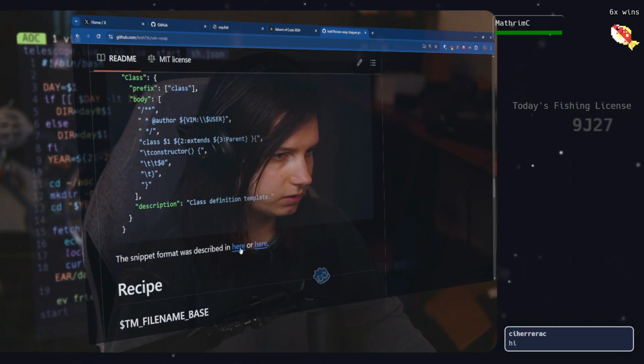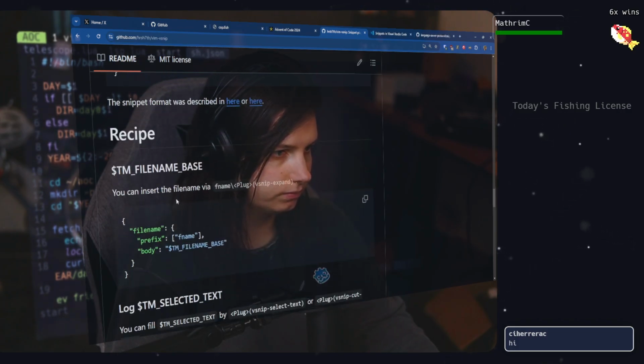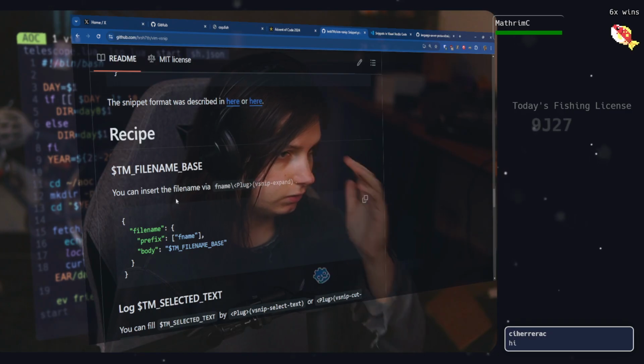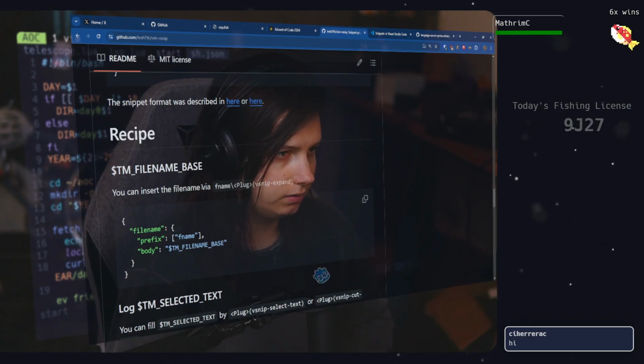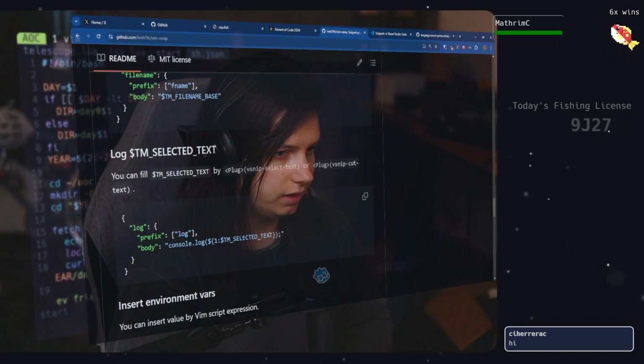Snippet format was described here or here. Can insert the file name. Selected text.